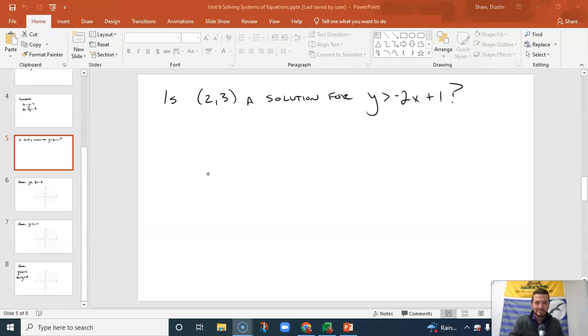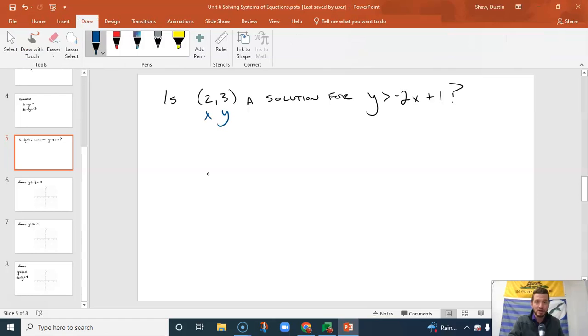Moving on. All right, so the next one is an inequality. Okay, we've got y is greater than negative 2x plus 1, and it's asking if 2, 3 is the solution. So I've got x and y here, and I'm just going to plug these in and see what we get. So it's going to be 3 is greater than negative 2 times, for x, we're going to put 2, plus 1.